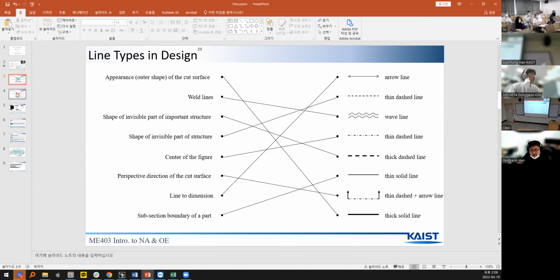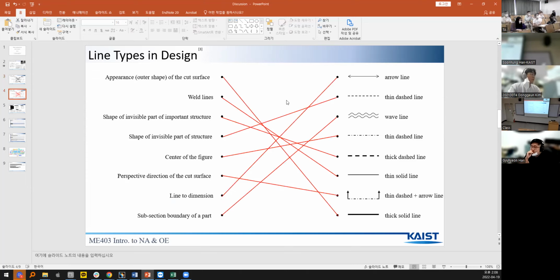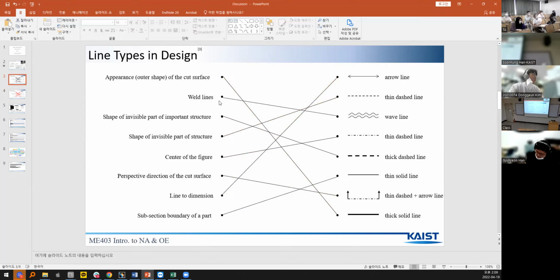Here is the answer. Most of them fit well, but you need to change the shell line and the subsection boundary. The subsection boundary uses the wave line, and the shell line uses the thin solid line.